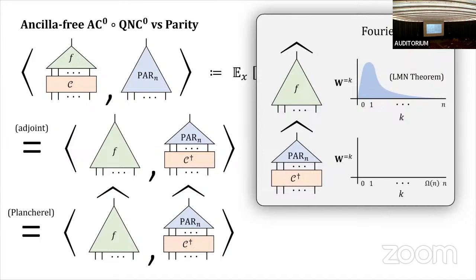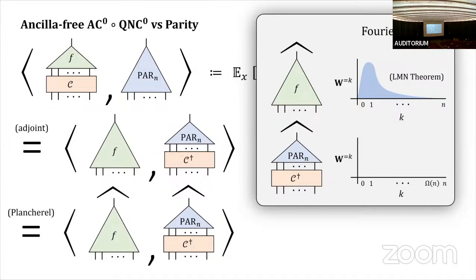So we could still allow an end-to-end qubit channel that's not unitary. And the problem is you can always take an adjoint, but the measure with respect to which you have equality of the inner product is no longer a uniform measure. And so in order to use the LMN result about the Fourier concentration, we need that we're actually talking about a Fourier transform with respect to the uniform measure.